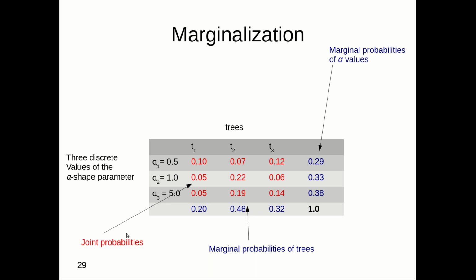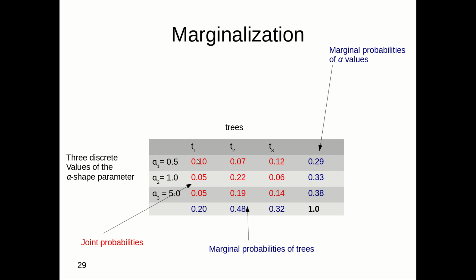Then in this table here, we have the joint probabilities of observing alpha together with tree topology 1, this specific alpha value with tree topology 2, and alpha 1 with tree topology 3, etc. If we're marginalizing out, I said integrating out, but here we just have taken a couple of samples, basically what we do is sum over the entries in the columns or sum over the entries in the rows.